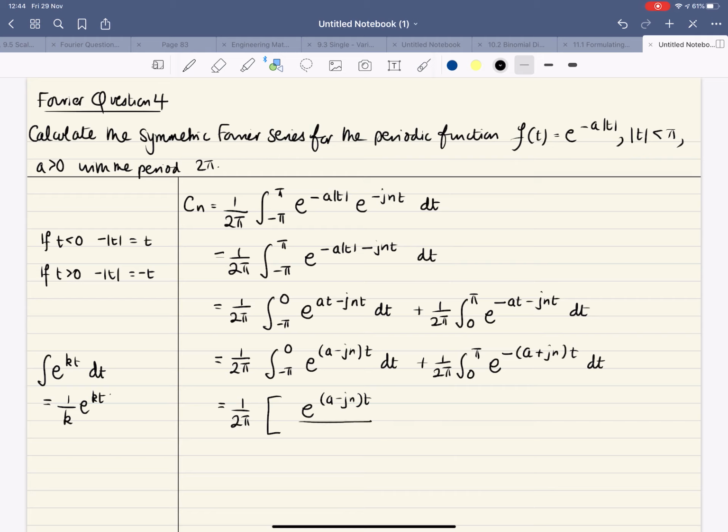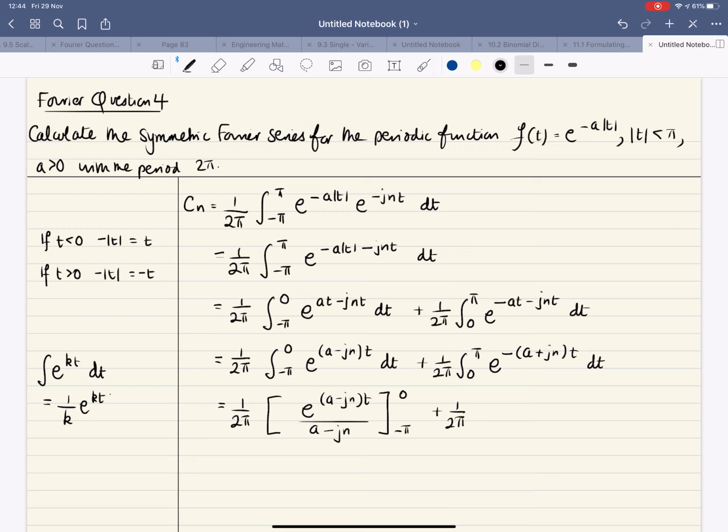So I've got to divide this by a minus j n, because the k from over here is a minus j n. So the k there is a minus j n, and that's from minus pi to 0.